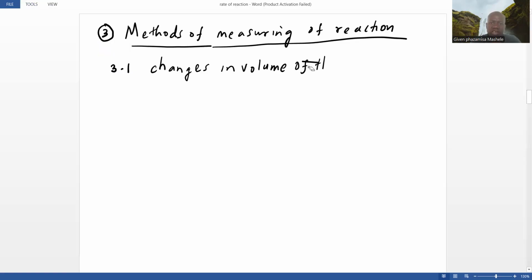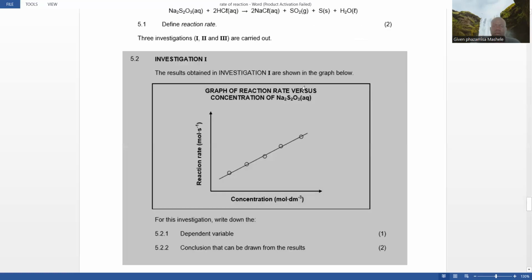The changes in volume produced. So it means in the product produced.